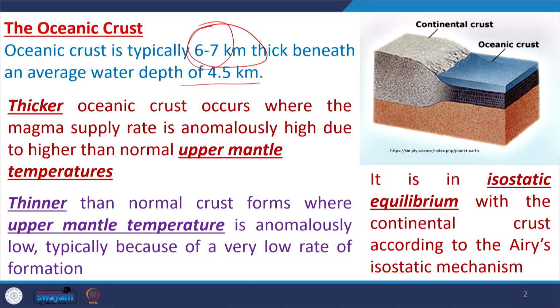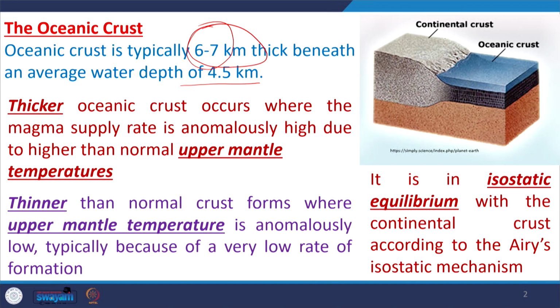On an average it is 6 to 7 kilometer thick, and thicker oceanic crust occurs where the magma supply rate is anomalously high due to higher than normal upper mantle temperature. We know this basaltic magma, which is the chief component of the oceanic crust, is generated at the mid-oceanic ridge, and at the mid-oceanic ridge where the rate of spreading is less compared to the rate of magma eruption, there will be accumulation of magma and an anomalously thick oceanic crust will be created.